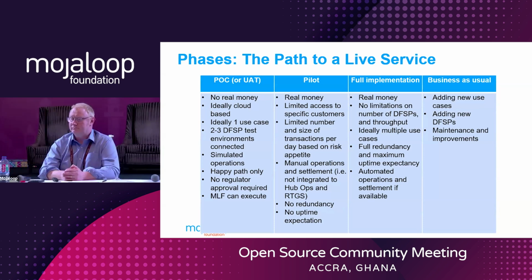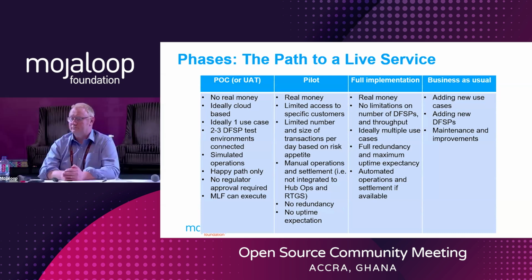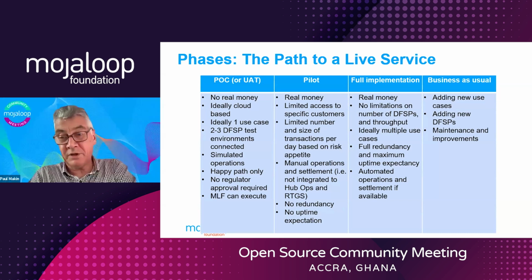And then once that's all live and operational, you move into essentially business as usual, where you're adding new use cases, adding new DFSPs, and maintenance and improvements. So when Mojaloop V18 comes along, you upgrade to that at the appropriate time when you're ready for it. Just normal operations. So those are the four stages in the life cycle of a Mojaloop adoption.